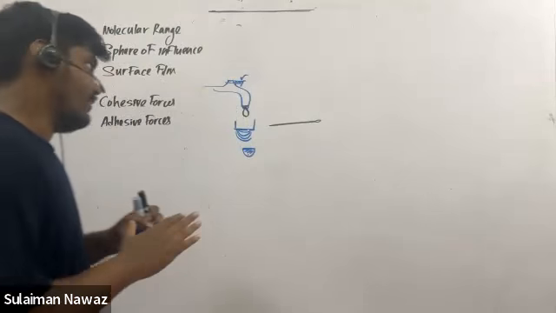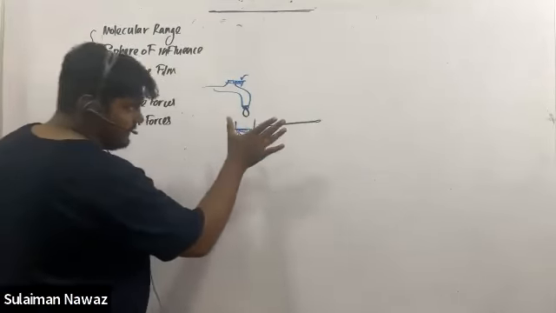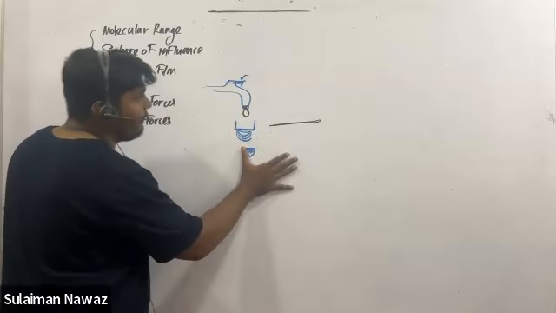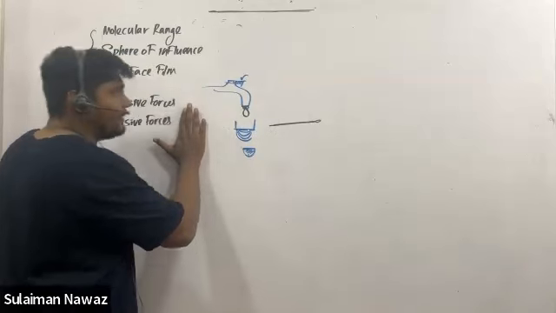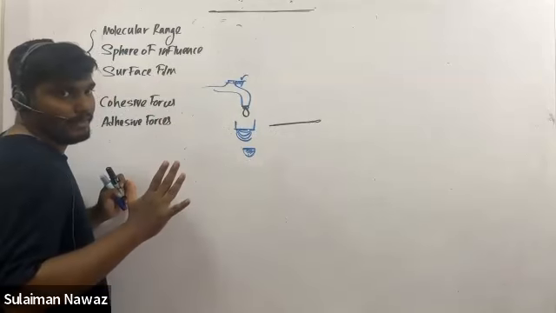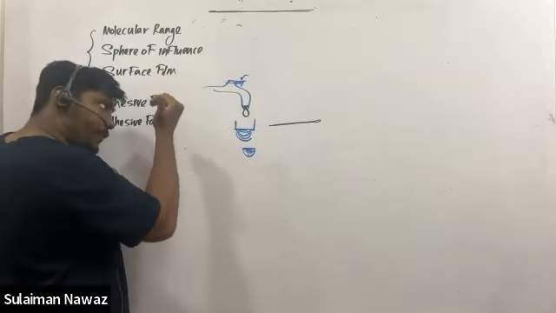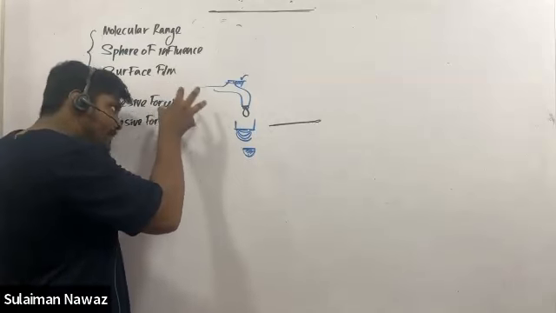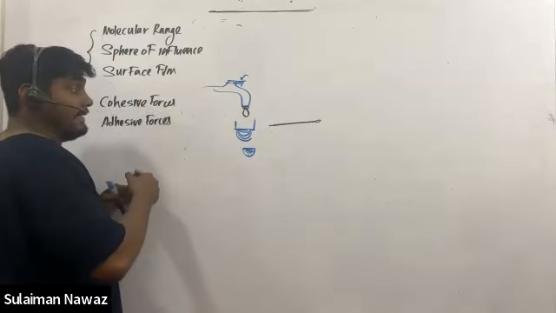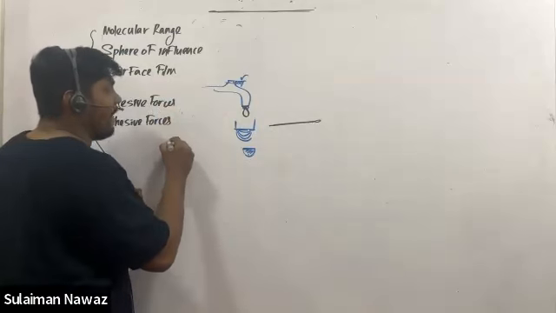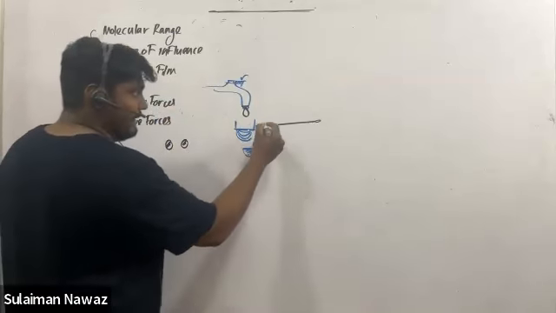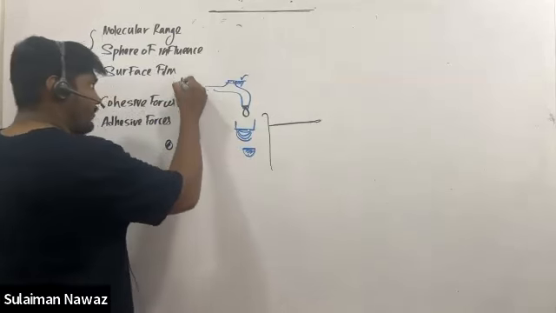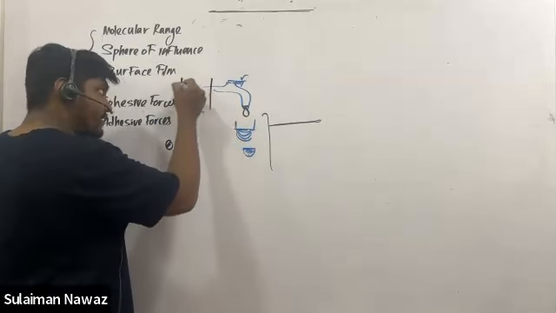Now, this surface tension is a result of cohesive and adhesive forces acting on the particles. What are cohesive forces? Cohesive forces means when you consider two homogeneous particles. For example, say water is filled in a vessel.